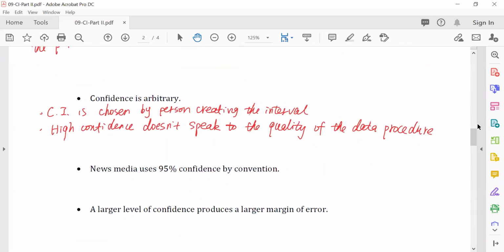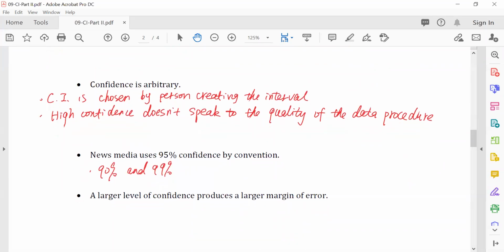The most commonly used confidence level is 95%. Others commonly used are 90% or 99% confidence. Again, it doesn't speak to the quality of the data.